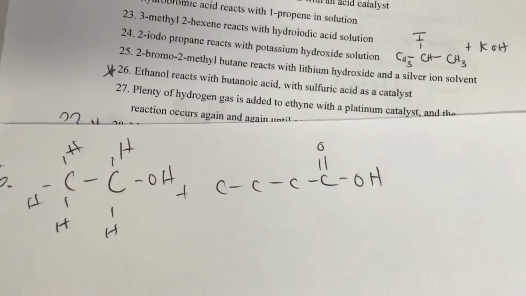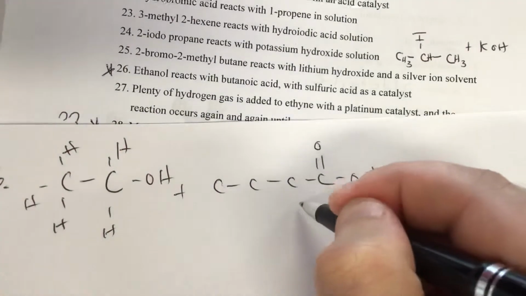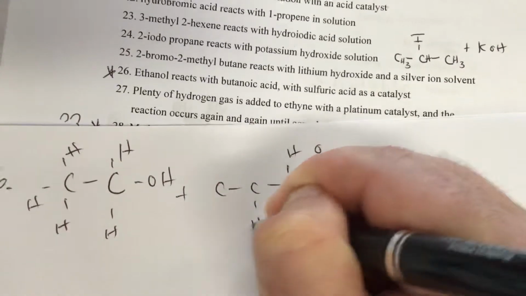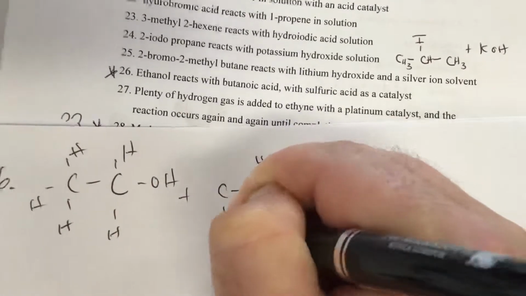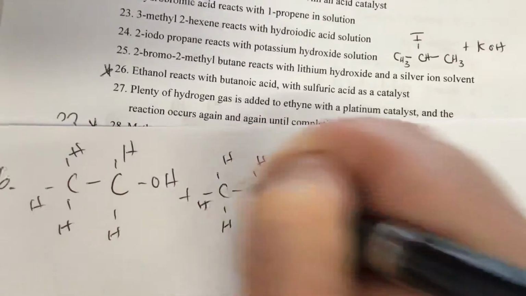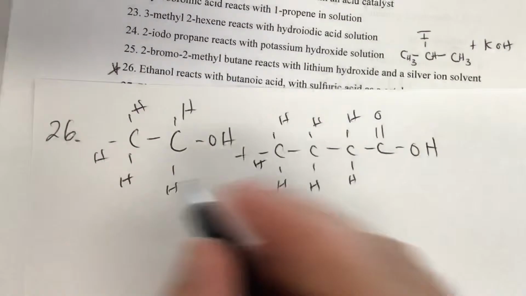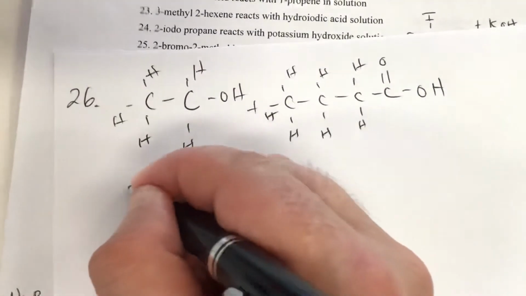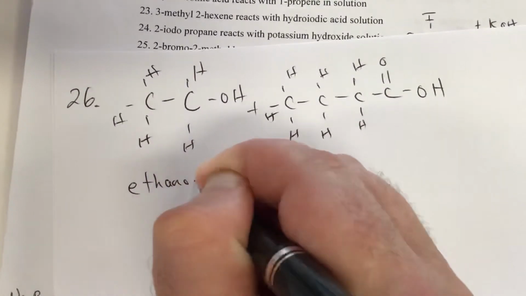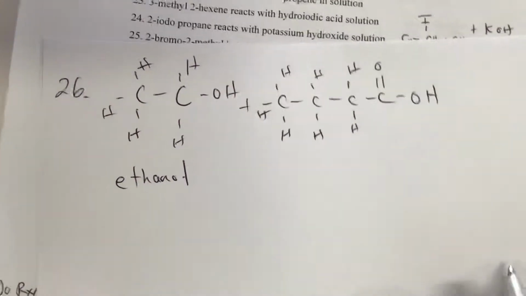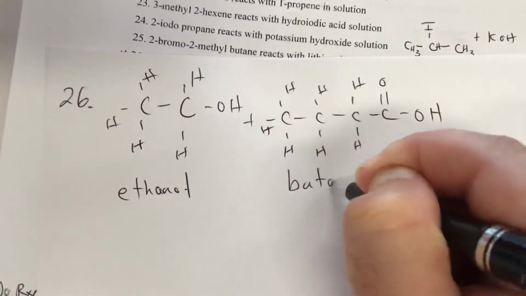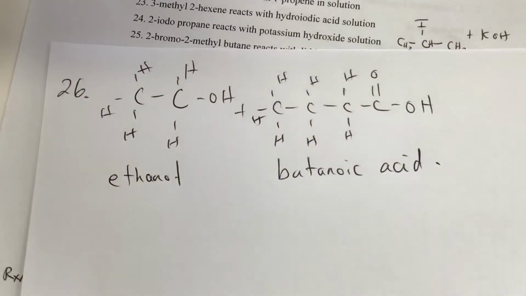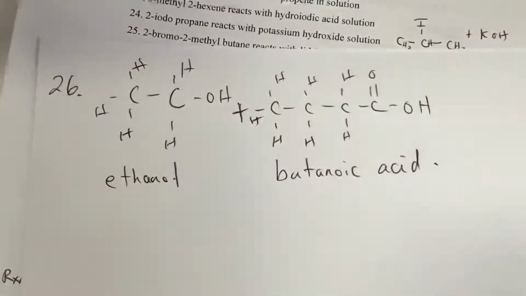It looks like this. For your exam, you should label them too, so this is ethanol, and this one is butanoic acid. So we're going to take these together, add them together.